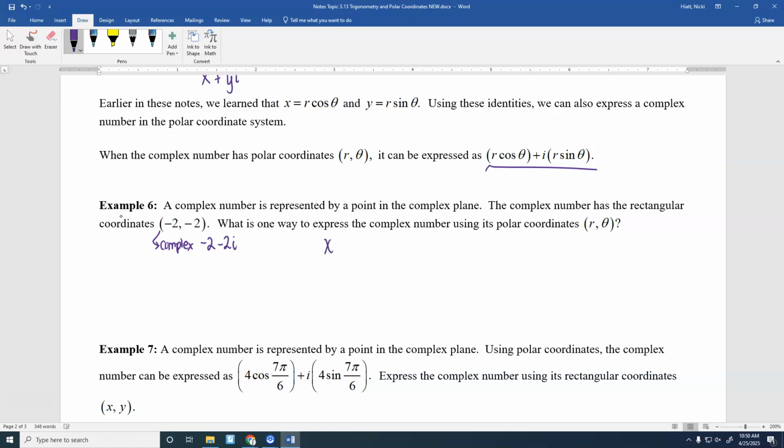So x is going to equal the radius times cosine of theta, and our y is going to equal our radius times sine theta. So we're going to need to find the radius, right? So if I think of graphing this, -2 is right here. There's that radius, and then this side is -2, this side is also -2.